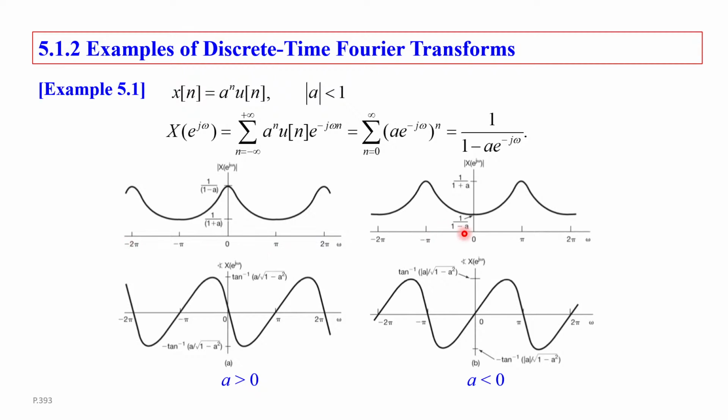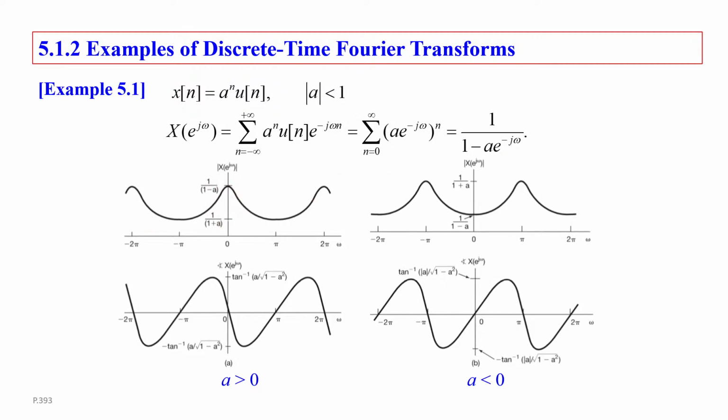And it actually depends on a. We only say the absolute value of a is less than 1. And I guess it can be complex, but for now we think it's real. So if it's real and positive, then it's going to be 1 minus a something.